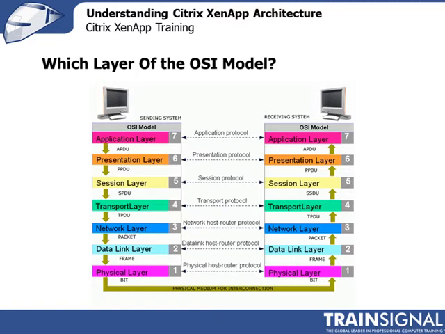So again, when you're taking a look at what the ICA model shows you, the user is initiating commands at the application layer. This data is going to travel through the application layer to the presentation layer, and so forth, all the way to the physical medium.